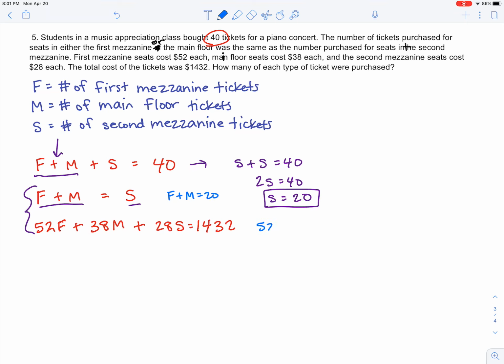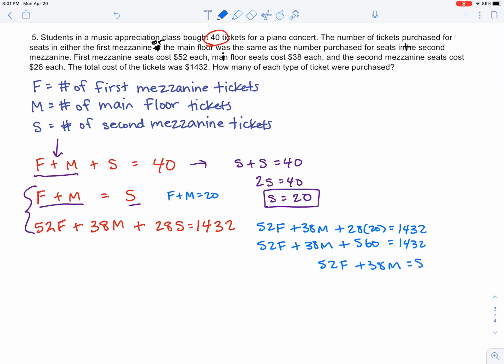Here I will get 52F plus 38M plus 28 times 20 equals 1,432. So let's go ahead and multiply that out, and then we'll ultimately subtract it over. What is that, 560? Okay, so 1,432 minus 560. So I have 52F plus 38M equals 872.